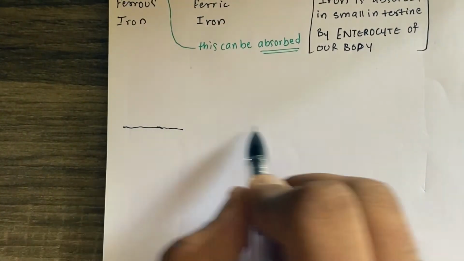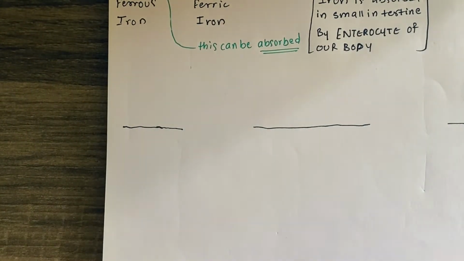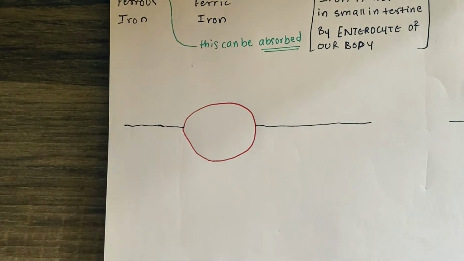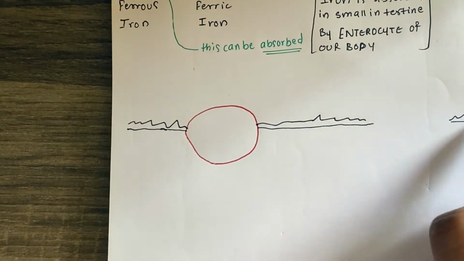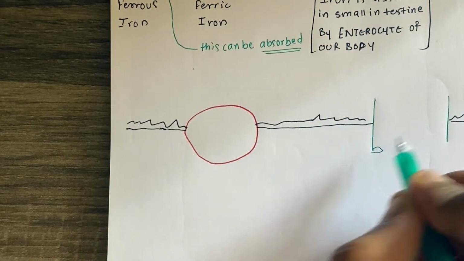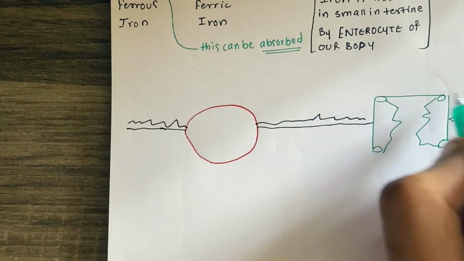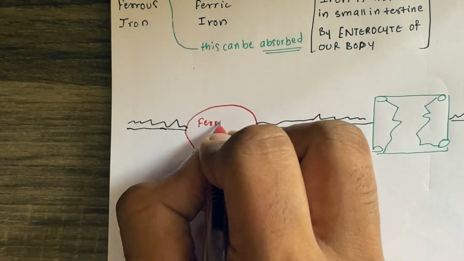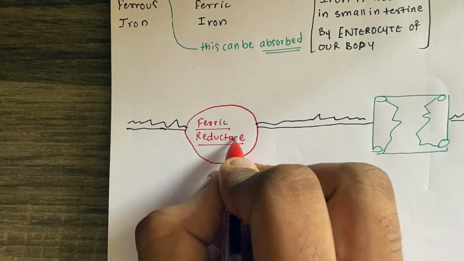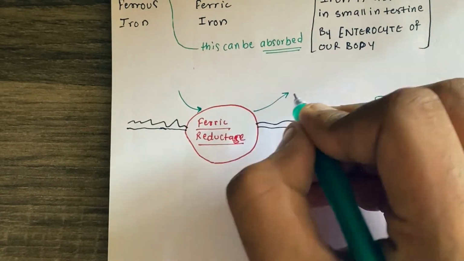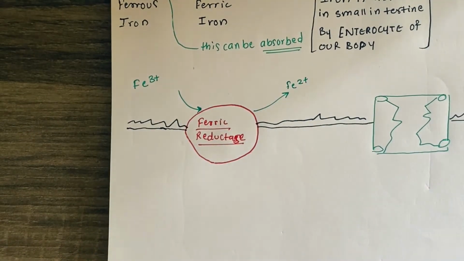At this time, there are some enzymes on the enterocytes, and these enzymes take Fe3 and convert it into Fe2. That particular enzyme's name is ferric reductase.